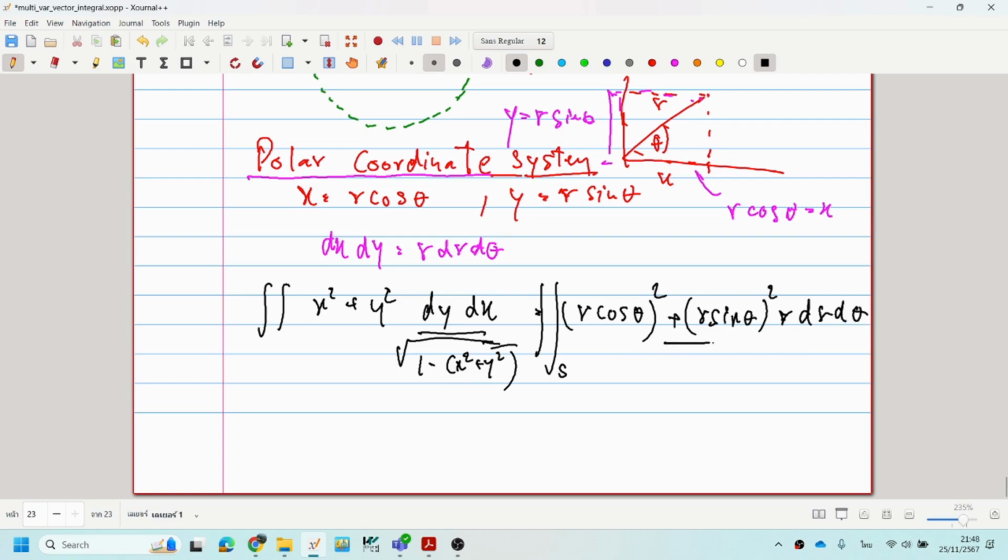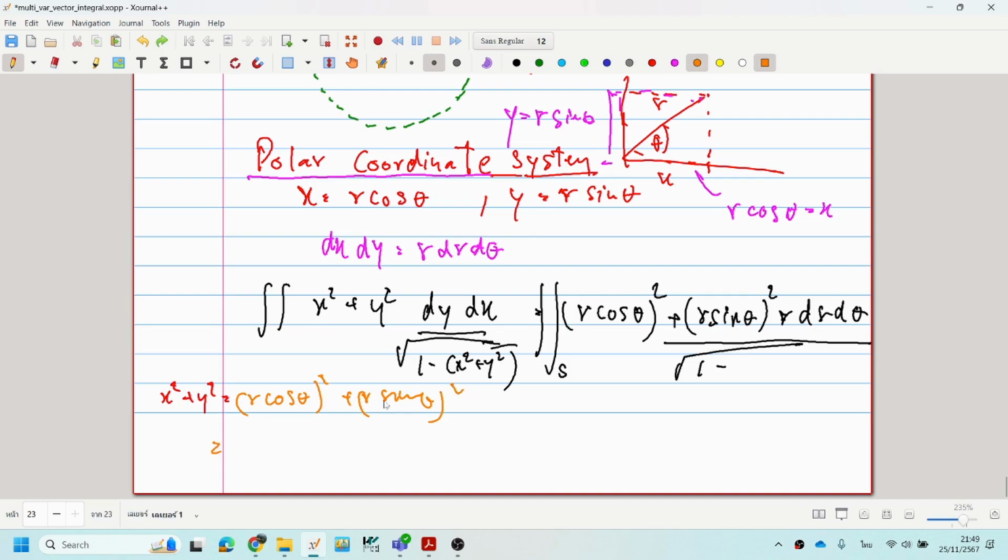The square root term is the square root of 1 minus x squared plus y squared. I will derive this: x squared plus y squared, using the orange color, equals r cosine theta squared plus r sine theta squared.